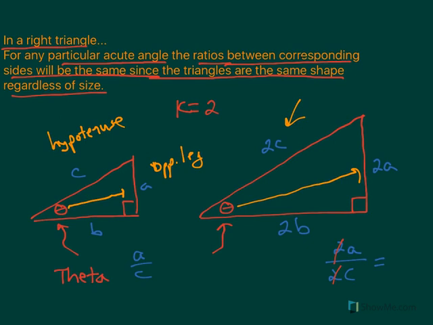So as long as you're working with the same angle and you're comparing the same sides, the ratios are going to stay the same, and that's kind of what trigonometry is all about, and why trigonometry works the way it does is because you essentially have the same triangle, just a smaller or bigger version of itself, so the ratios will be predictable for any one particular angle.